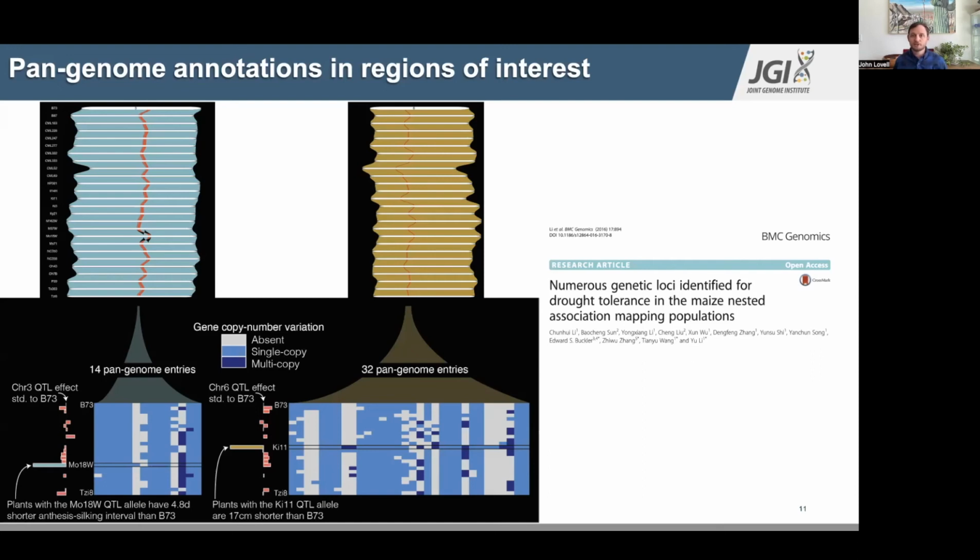These are orthologous gene networks that are syntenic in this region. You can see that there's a number of places where there's no gene present in B73, but there is in the Ki11 allele. This means that those genes offer additional candidates for potential putative effects in this region. We'd have to do a lot more work to nail these down, but this at least expands the scope of what we know about in this region.